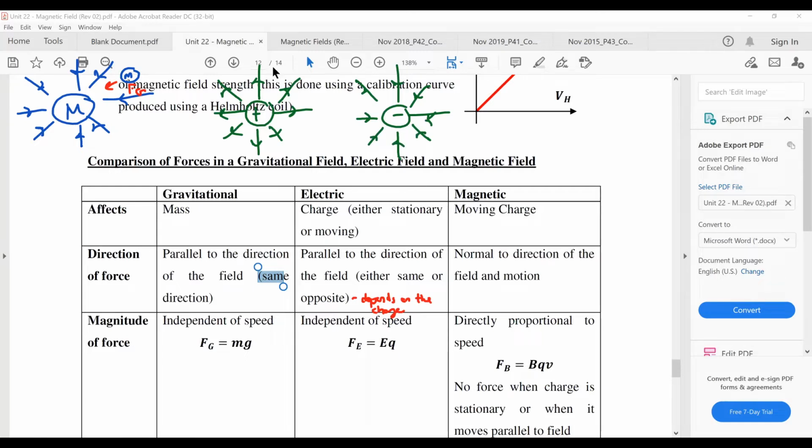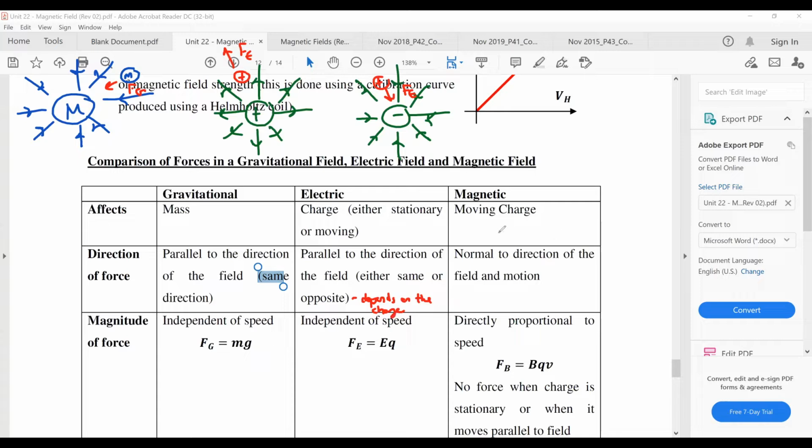If you place a positive test charge here, this and this will repel, so your Fe is this side. If you place a positive test charge here, this and this will attract, so your electric force is here. So you see, your electric force will either be in the same direction or opposite direction to your field. It depends on the charge that you have.